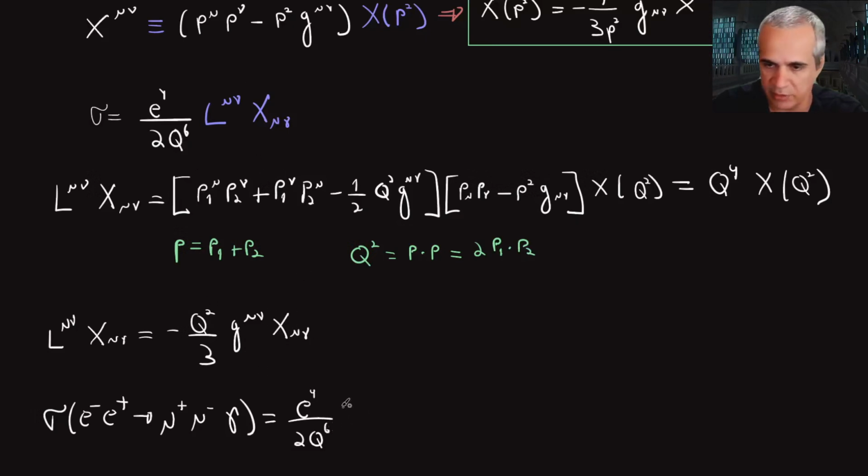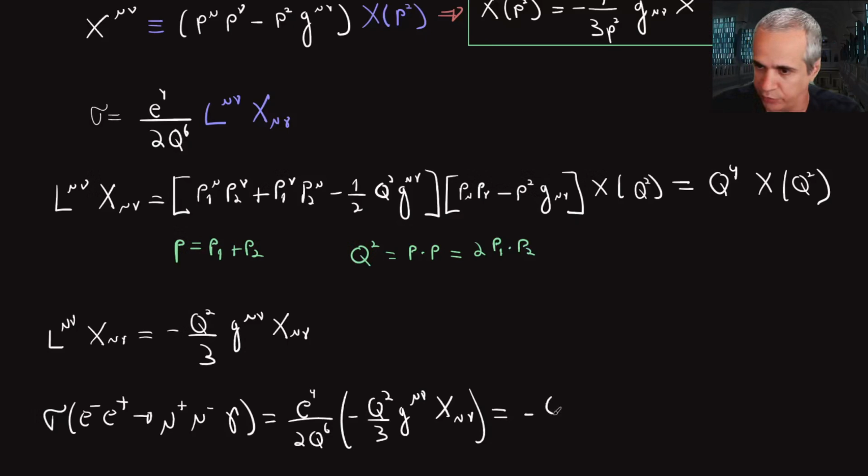Times this one, so times minus Q squared over 3 G mu nu X mu nu, right? Which is the same as minus e to the 4th over 6Q to the 4th G mu nu X mu nu.